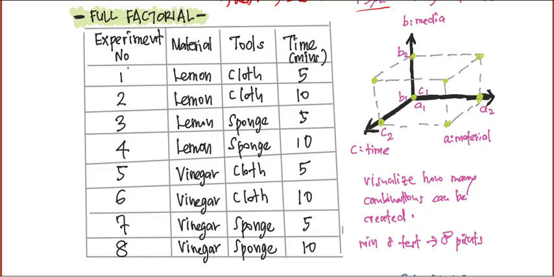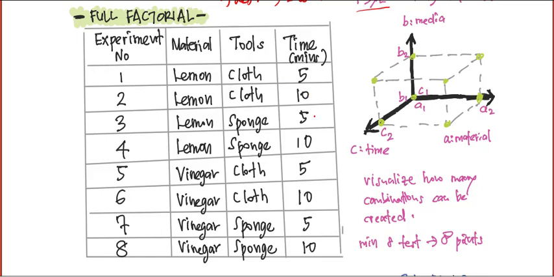Then we need to do 8 different experiments for these three parameters or three factors with two levels. First, this is level 1 of the material, level 1 of tools, level 1 of time. After that, it's still level 1 of material, level 1 of tools, and level 2 of time.